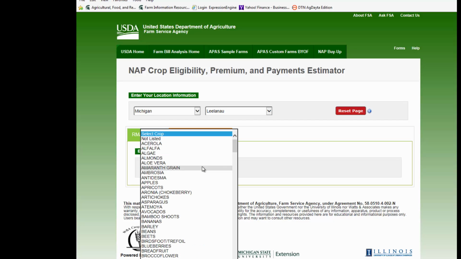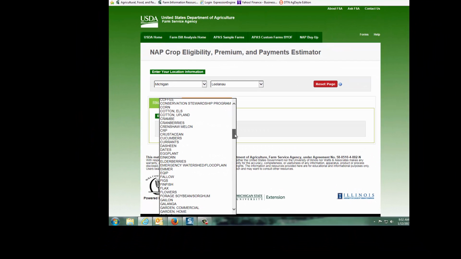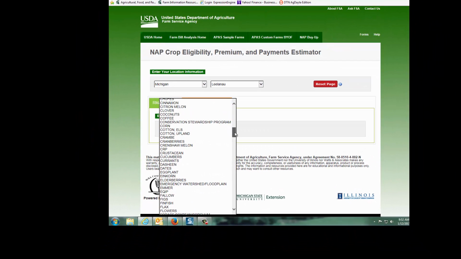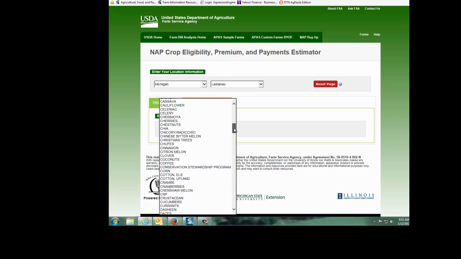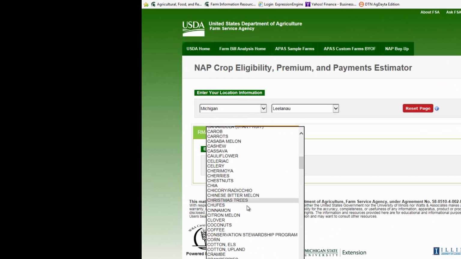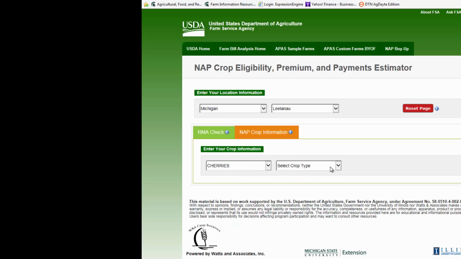you're interested in. So you have a long list of potential crops here. So we'll go down and click on cherries right there. Then you have to know the type of cherries. Let's use tart cherries versus sweet cherries.